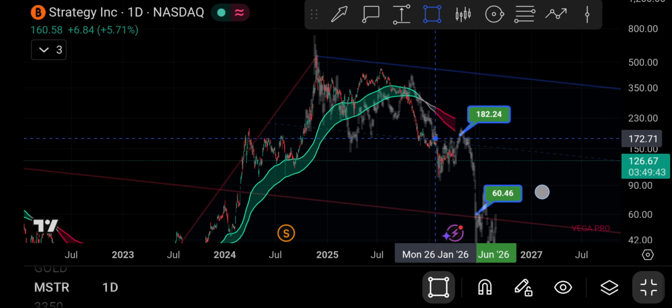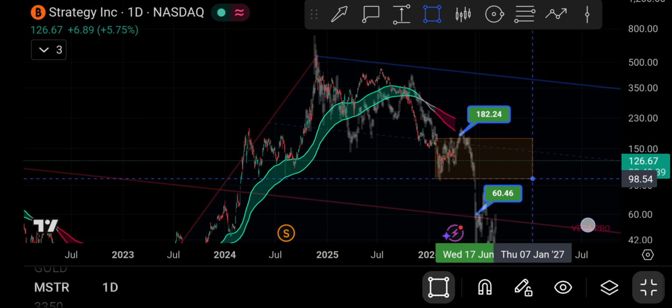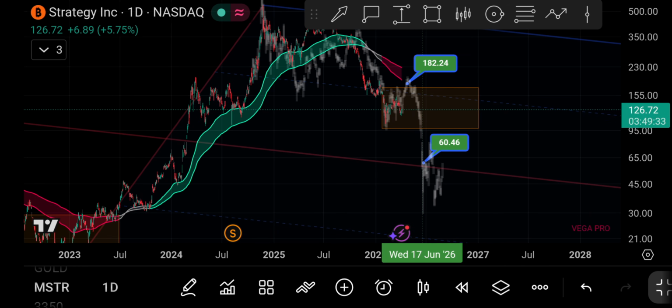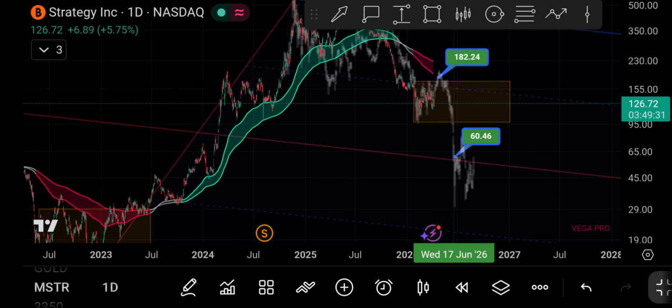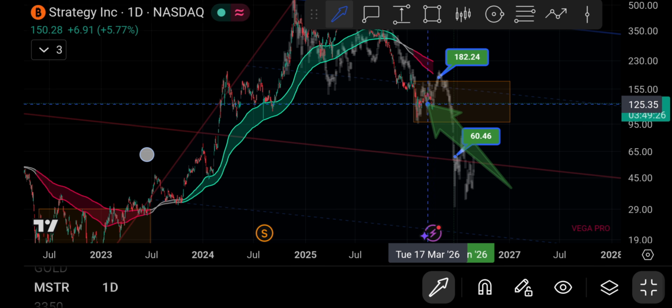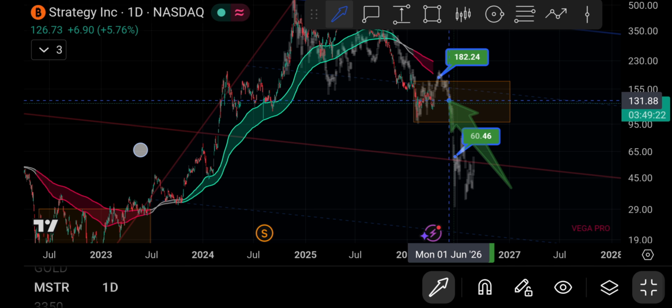This is where it starts to turn red, and I will extend it till January next year, and that could give you the accumulation zone. Okay, that's a very good thing to know, because we may already be in the accumulation zone for this asset.